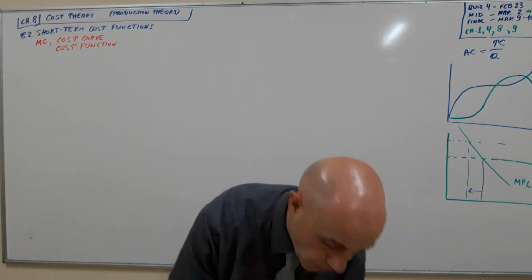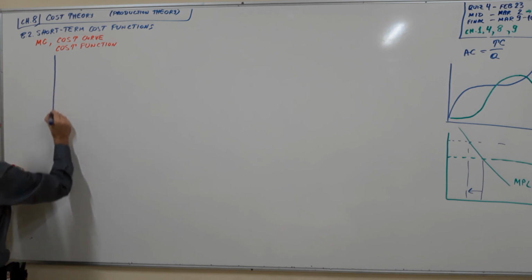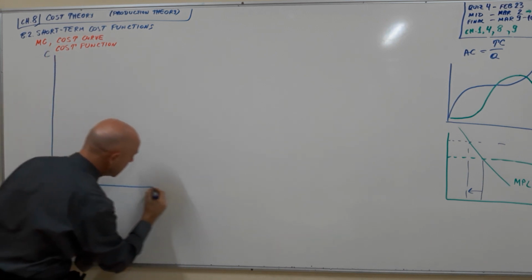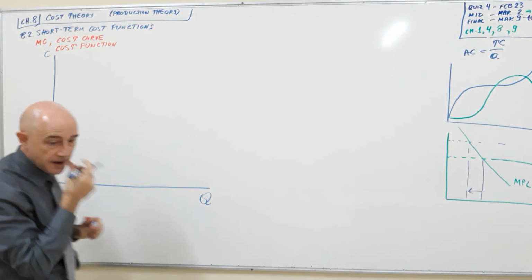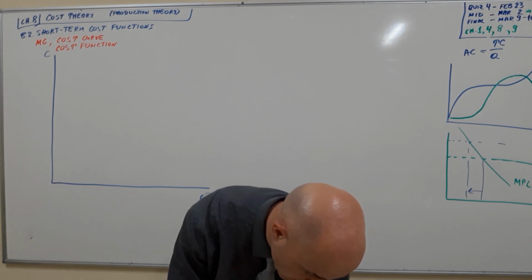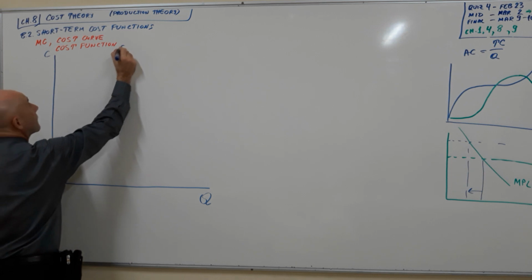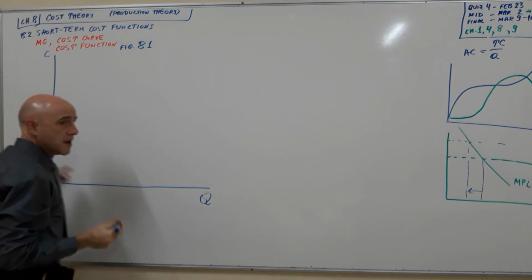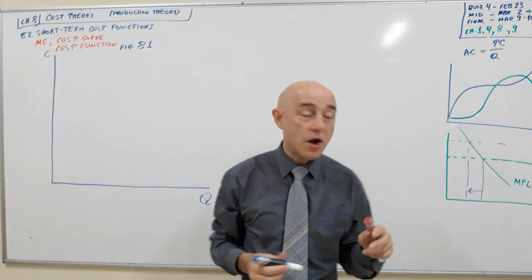So it will give you here the cost, and here is the output. Output is quantity. And I already covered, all I'm doing here is figure 8.1. And I'm explaining the shape of the total cost.